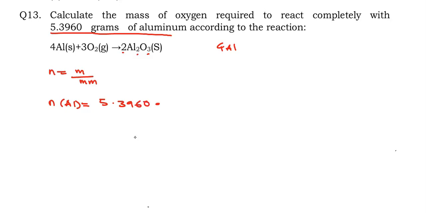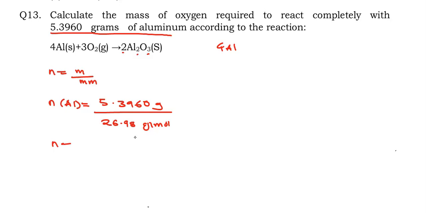So now the number of moles of aluminium: the mass we have been given to be 5.3960 grams. The molar mass of aluminium, you take that on your periodic table, it is 26.98 grams per mole. This is what you do.